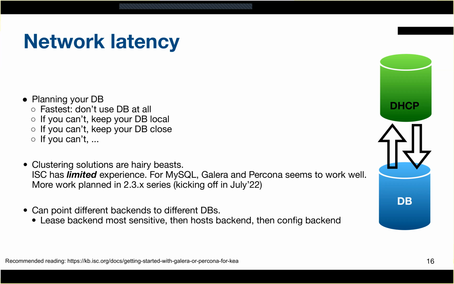So we have a KB article about how Galera and Percona clusters can be set up. This seemed to work well. We tested them pretty extensively and they seem to be working, not collapsing, assigning leases as expected, not assigning any duplicates, so working properly.